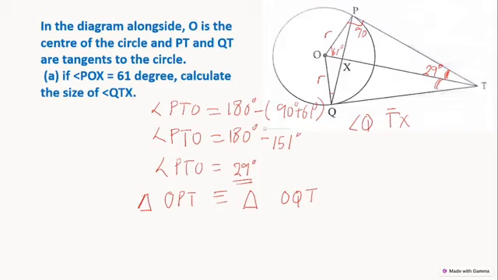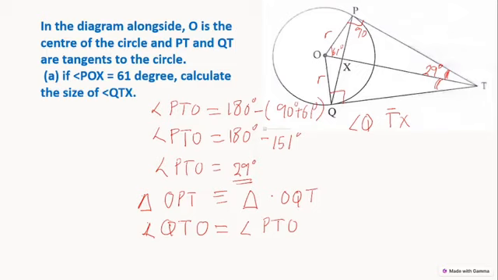That's why I'm saying these two triangles are equivalent to each other, because of these properties that I've mentioned. From there we can notice that angle QTO will be equal to angle PTO. Angle PTO is the angle that you have found.